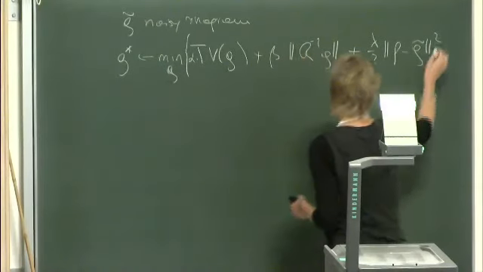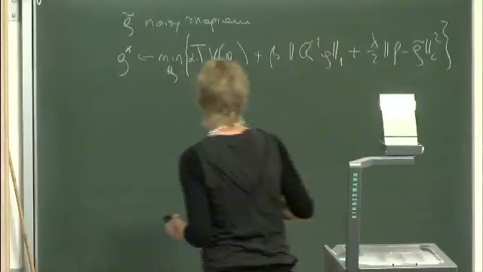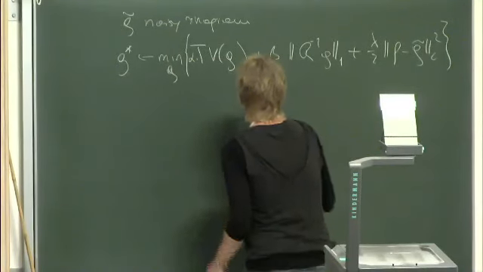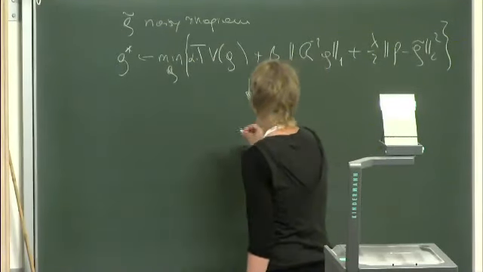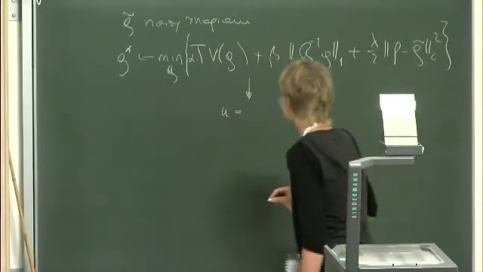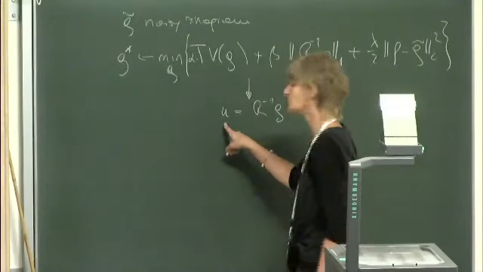To simplify our life, we first introduce a new variable which we call U, and we set U equal to the inverse Radon transform of the sinogram. So U is my image.